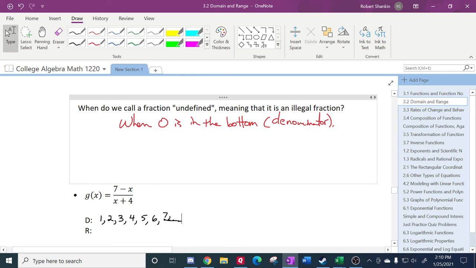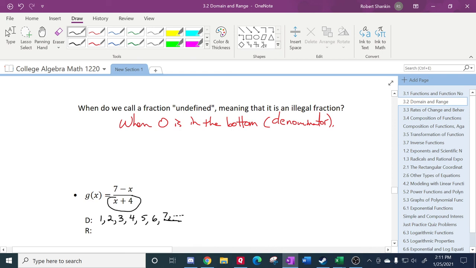It's only when it's in the bottom that it's a problem. Now, if we just look at the positive numbers, though, we won't see the difficulty. What would make this one 0? Because that's what we have to avoid when 0 is in the bottom of the fraction.